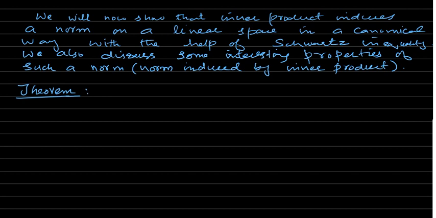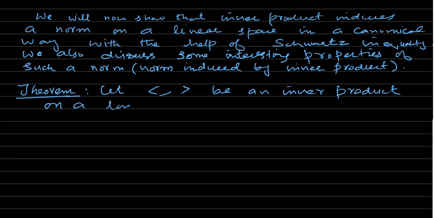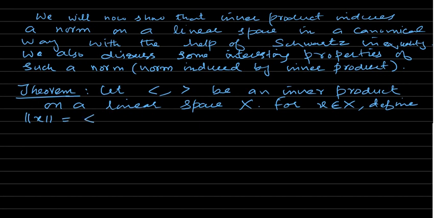Theorem. Let this be an inner product on a linear space X. Now for each x belonging to X, we define this number, the norm of x, which is equal to the inner product of x with x raised to the power 1 by 2.